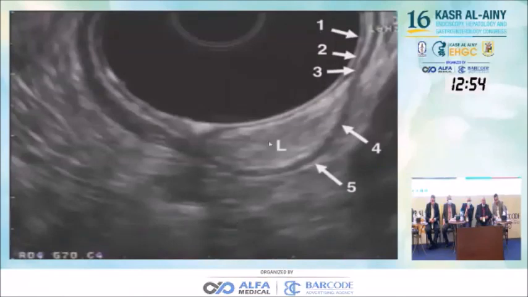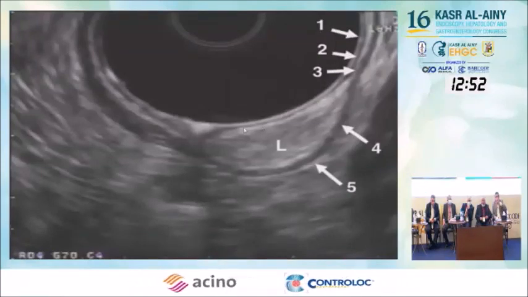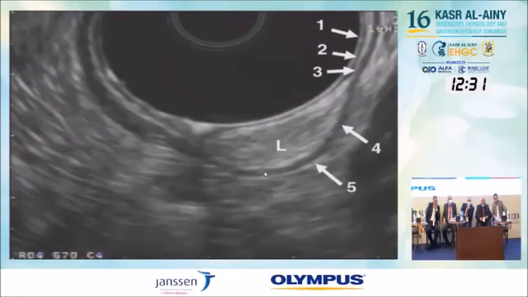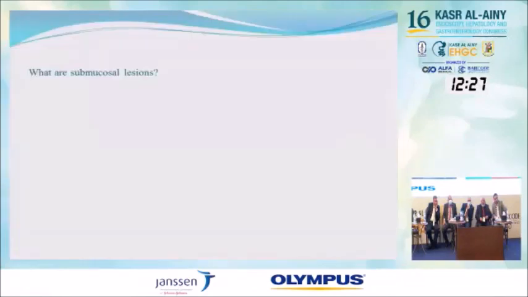As you see here, the submucosal lesion is intramural, originating from the third layer, the submucosa. The second question is whether it is a hypovascular, hypervascular, or avascular lesion, and the third question is what is the echogenicity of this lesion. This is a hyperechoic lesion, which is very pathognomonic for lipoma.